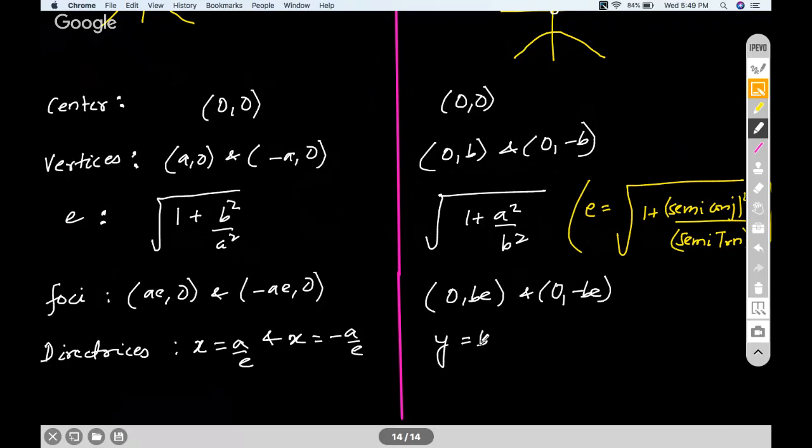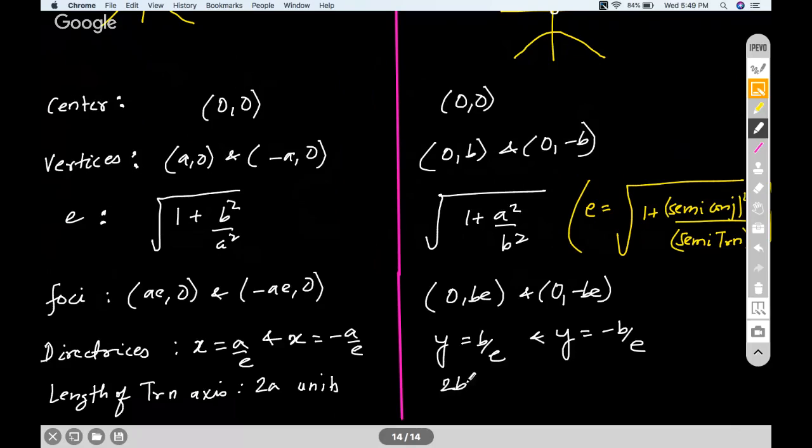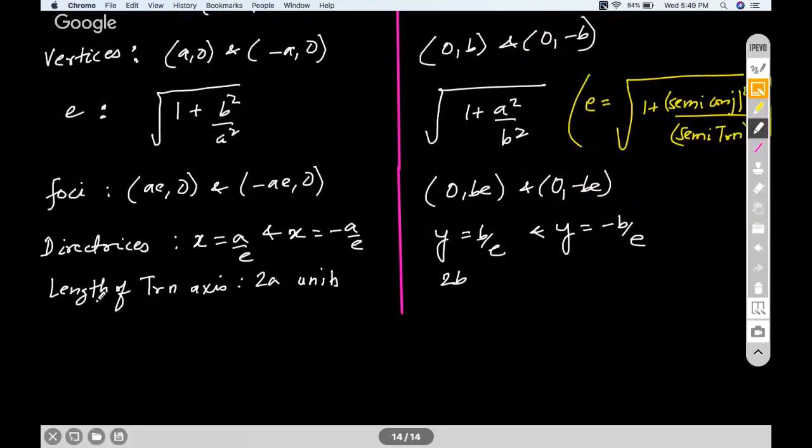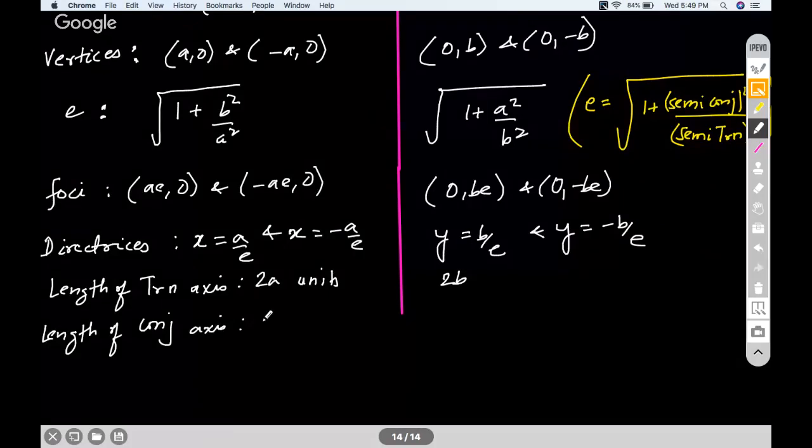Here it is y equal to b by e and y equal to minus b by e. Length of transverse axis is 2a units. Here it is 2b units. And length of conjugate axis, here it is 2b units and here it is 2a units.